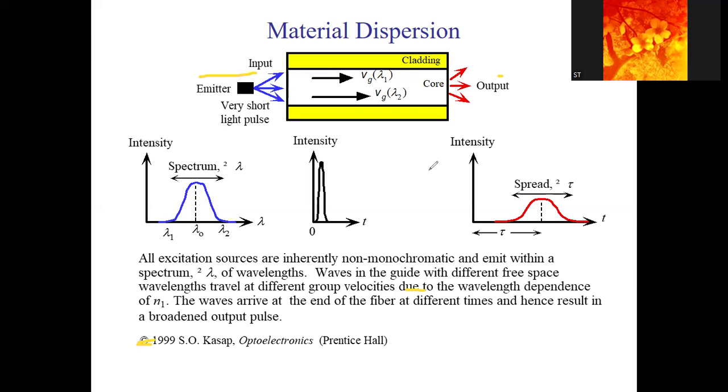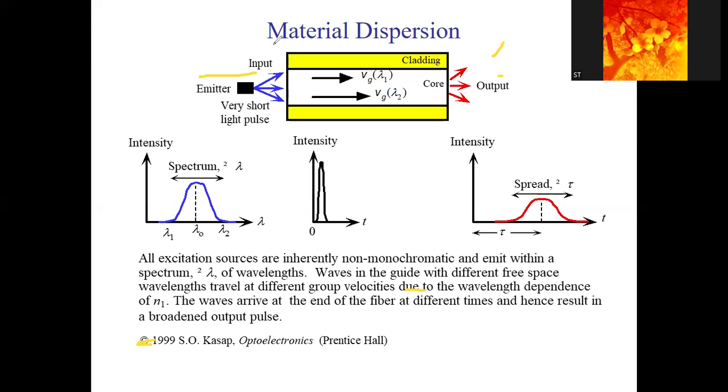Again, the group velocity is a function of wavelength, so it also differs and results in the broadening of the output pulse. Here you can see the spectral bandwidth, the input signal, and there is a spread in this input signal. When we measure the intensity of the output optical signal, we obtain a waveform like this.